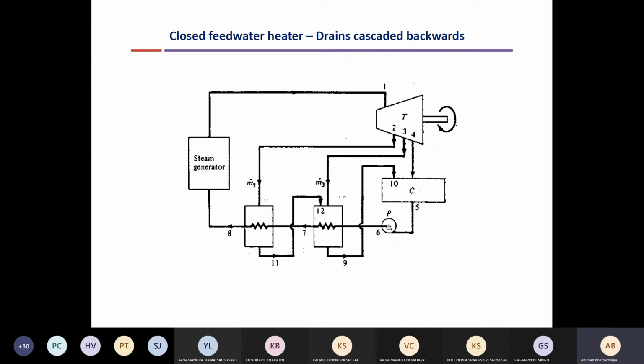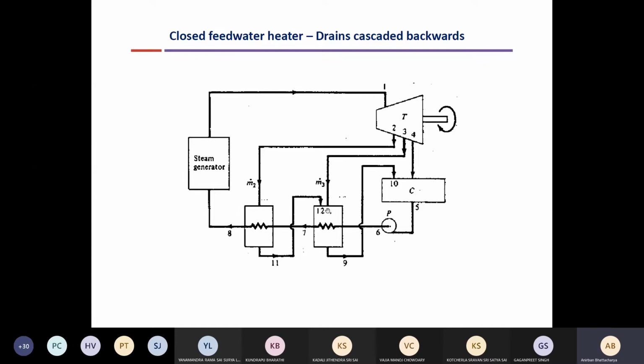So now this high pressure, low temperature water is passed to the first closed feed water heater. There are a large number of coils within the feed water heater. The water passes through the coils. Coils means tubes, pipes. And these are contained in a shell, and the steam is released in the shell.